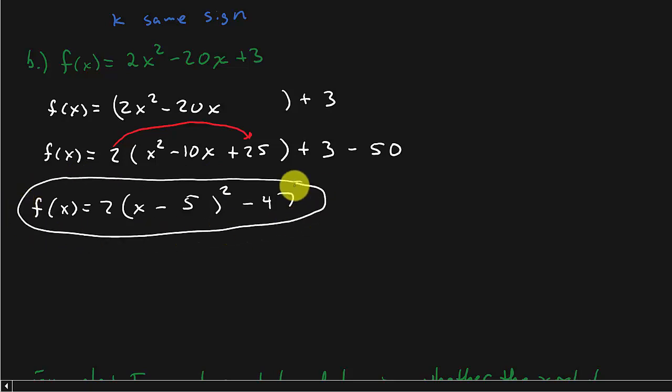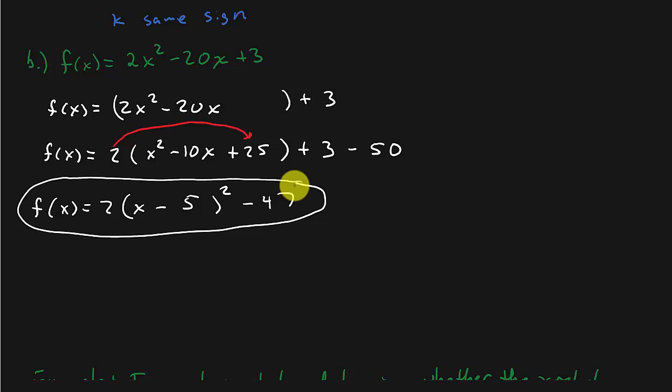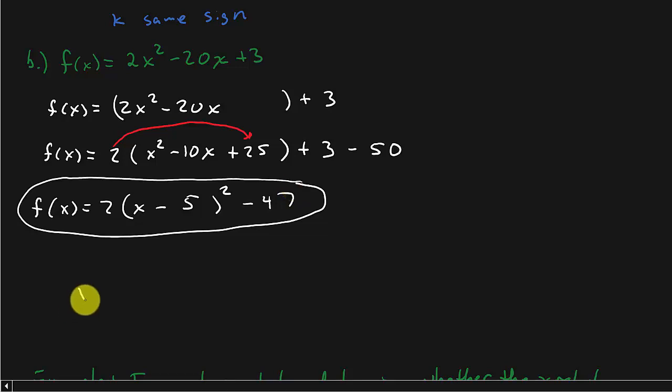Okay. Now, once again, let's just go ahead and find the vertex. See if you can write the vertex down. So the vertex is what? 5, negative 47. All right. Remember, H has the opposite sign. K has the same sign.